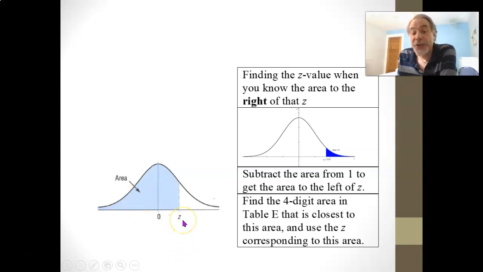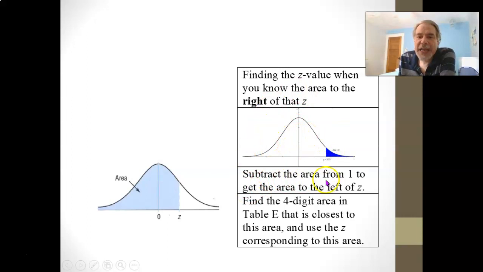We either need to know what the z-score is, or we need to know what the area to the left is. So if we start out knowing the area to the right, first thing we have to do is subtract that area from 1. The whole thing is 1. So if we subtract off the part that's over here on the left, then what we have left is what's on the right. Or if we subtract off the part that's on the right, what we have left is what's on the left.